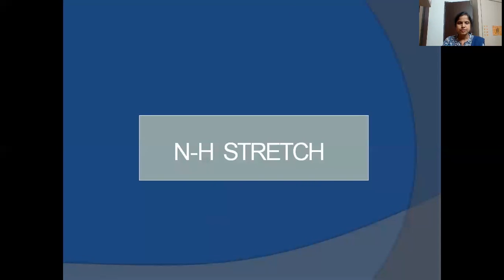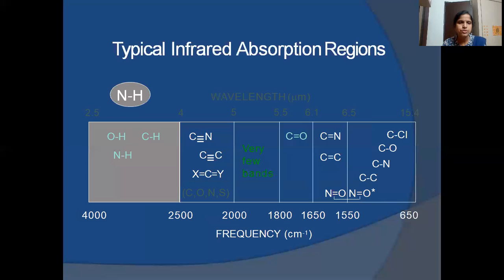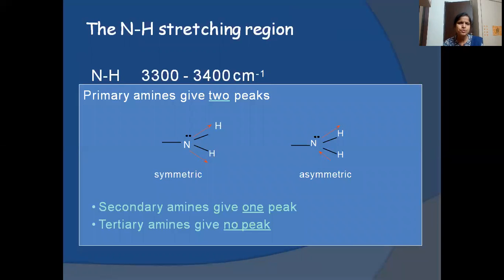Now NH stretching. We have completed the OH group, and now we are going into NH. NH also falls in the same region. NH means we find this in amines. Amines have 3 different types: primary, secondary and tertiary. Here we are showing primary amine, which is NH2, so 2 hydrogens are attached to the nitrogen.